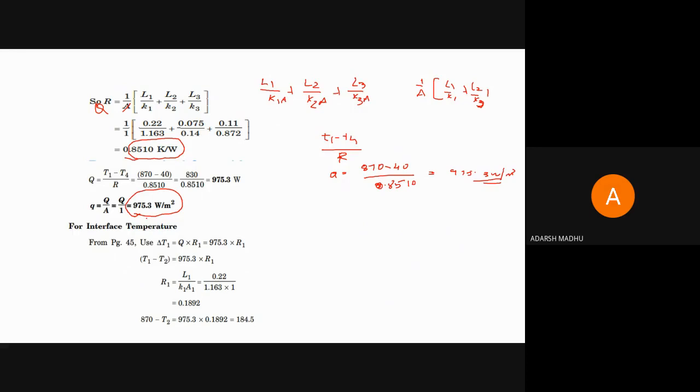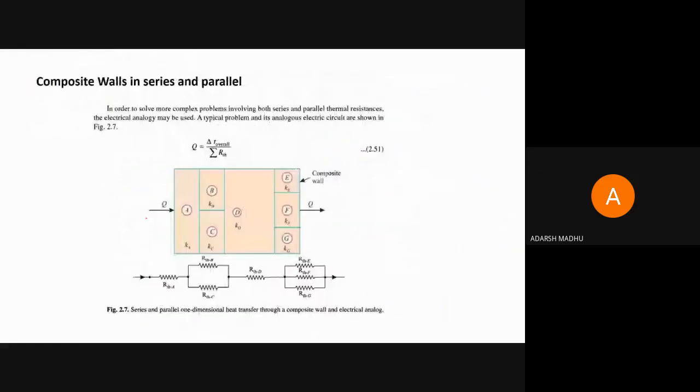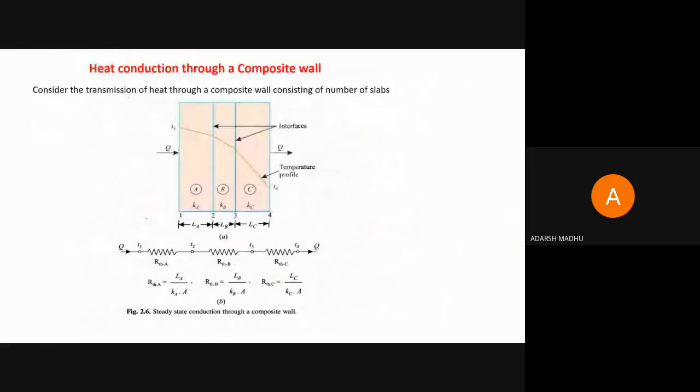I will explain. In the composite wall derivation, I said that the quantity of heat transmitted per unit time through each layer is the same. Heat is transferred uniformly through each layer. So if there are different layers A, B, C, the quantity Q of each layer can be taken as the same.